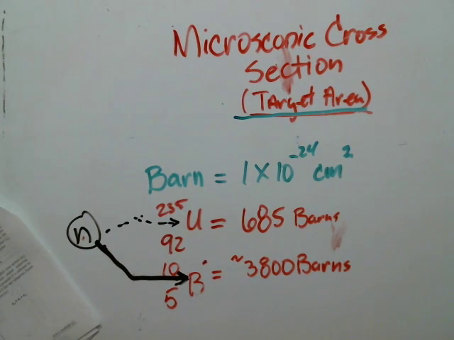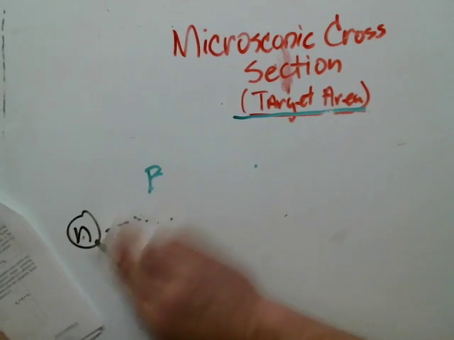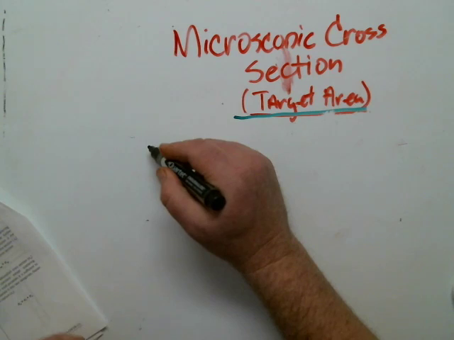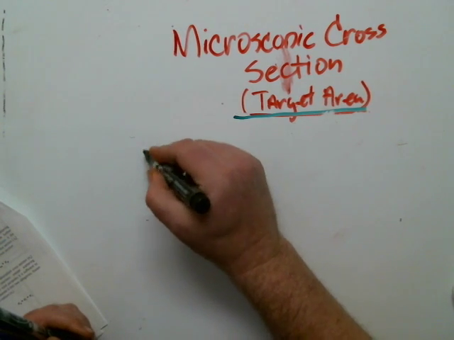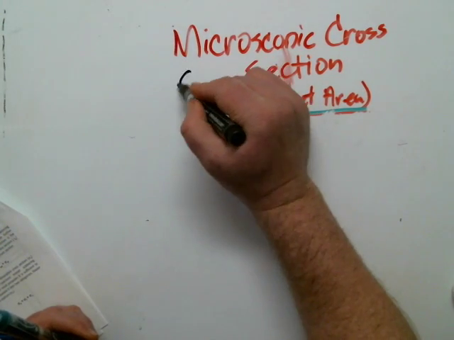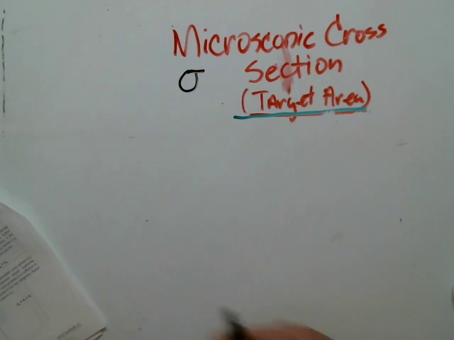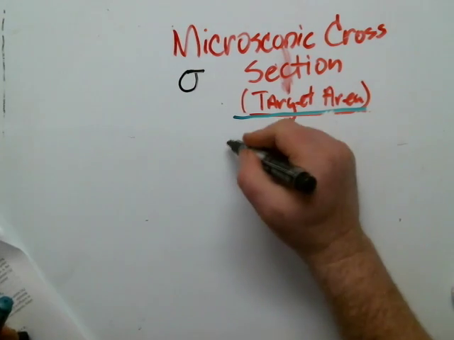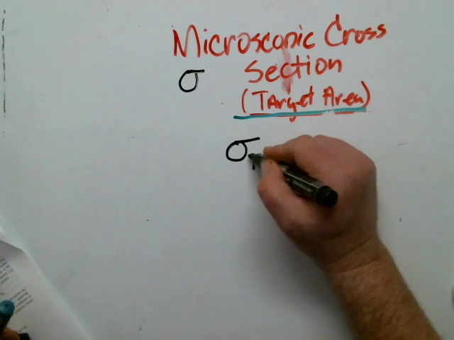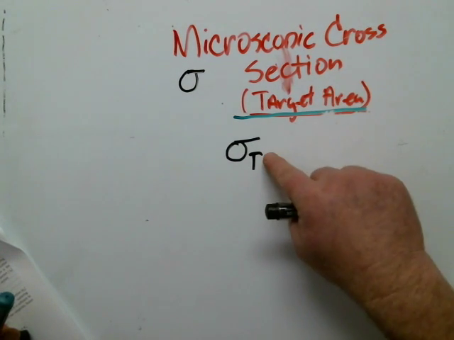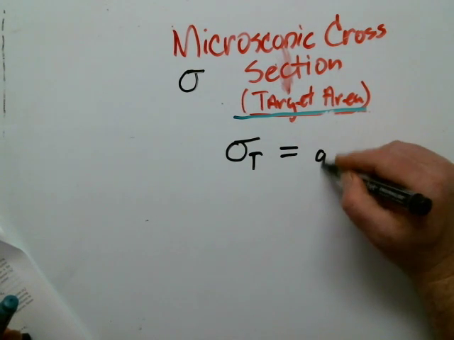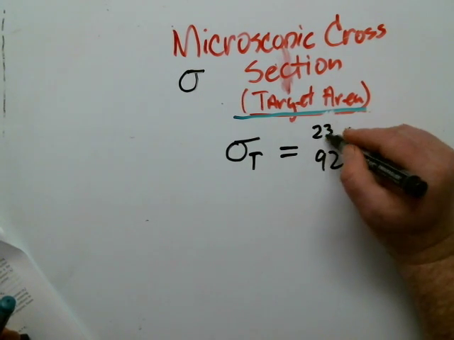All right, we're going to look at this in detail. Now, there's different types of interactions that can occur. So when the neutron comes in, there's different types of interactions. Now, the symbol for microscopic cross-section is going to be this little tiny symbol here. That's this symbol. And there's a total probability or a total microscopic cross-sectional area for an atom. So there's a total probability for, say, 92 uranium-235.